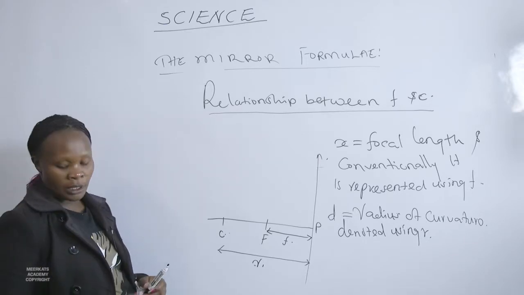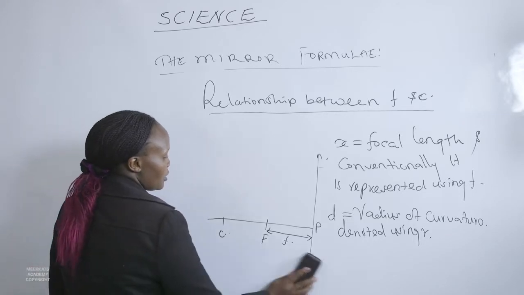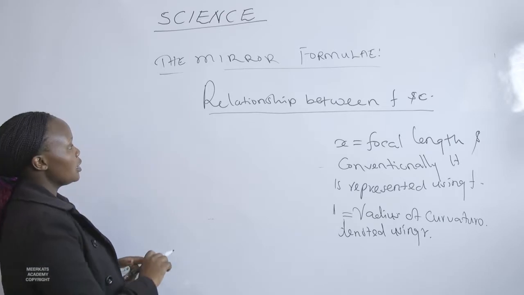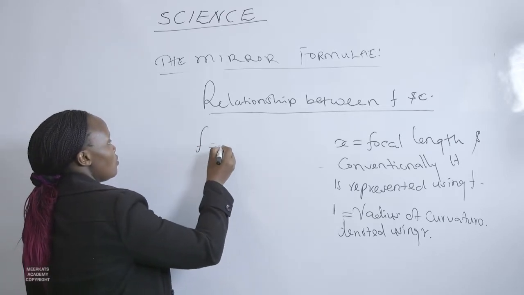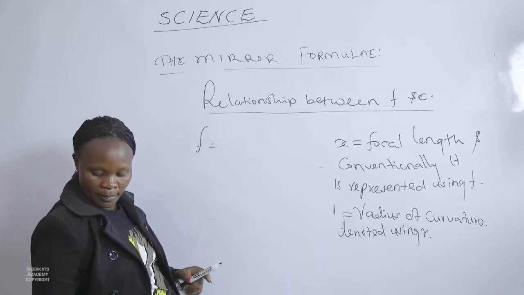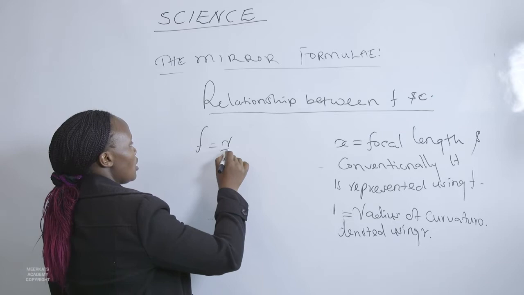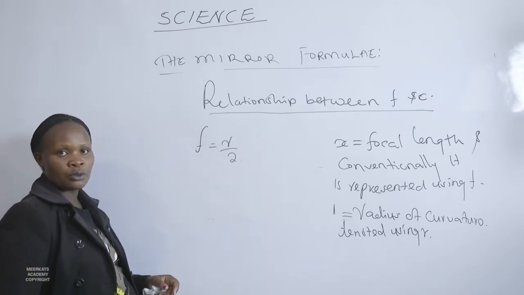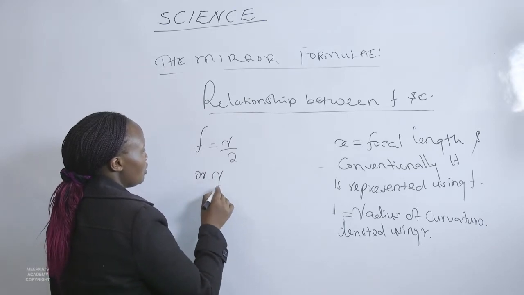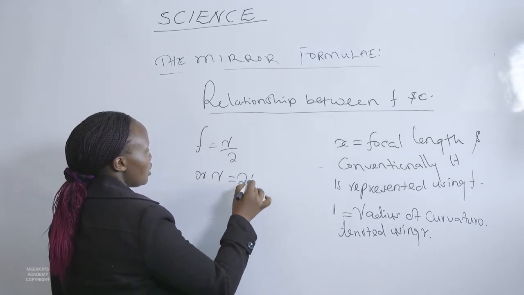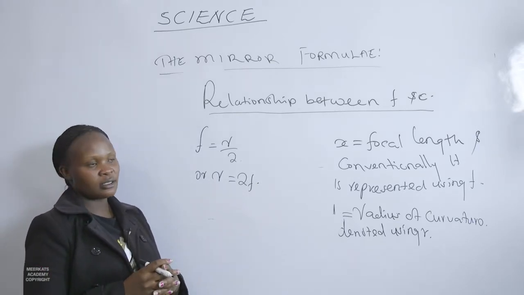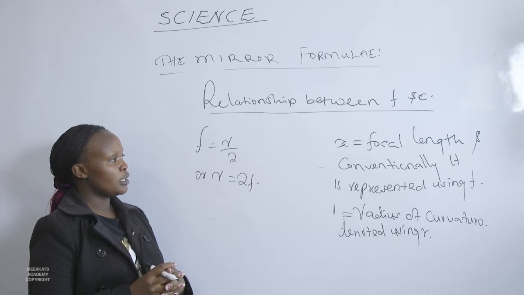The relationship that exists between the two is that F is equal to a half R. F is equal to R over 2, or R is equal to twice F. That is the relationship that exists between the two.